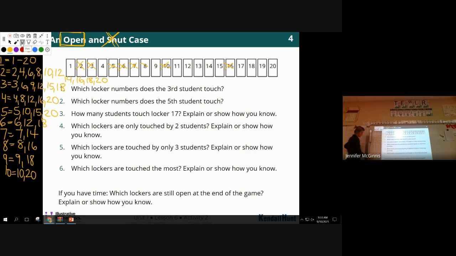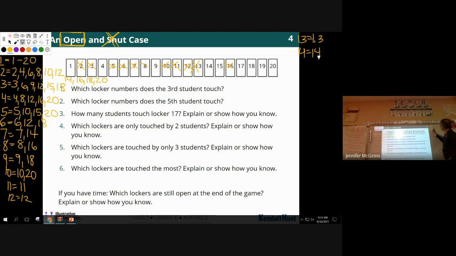Okay. Number 11. 11 is now closed. Number 12. 12 is also now closed. What am I going to list for 13? 13 is closed. 14 is now closed.